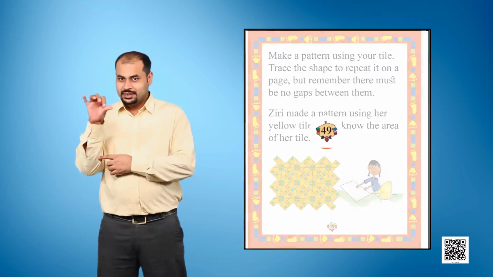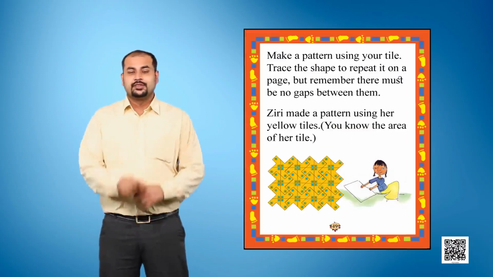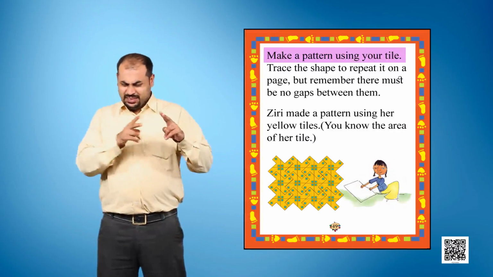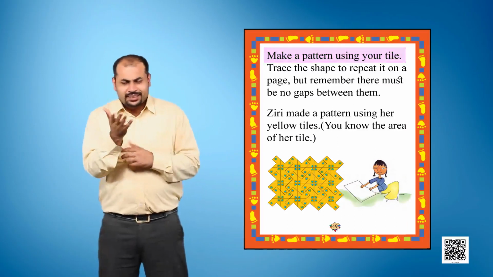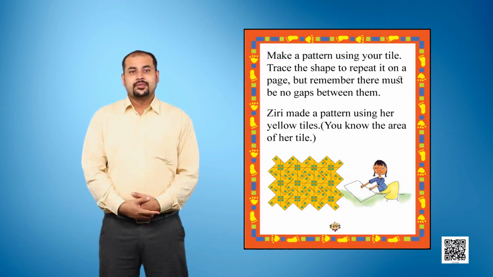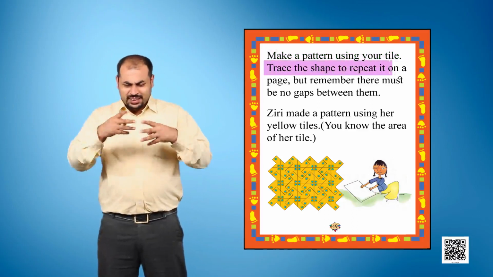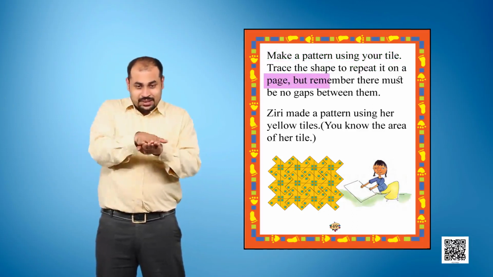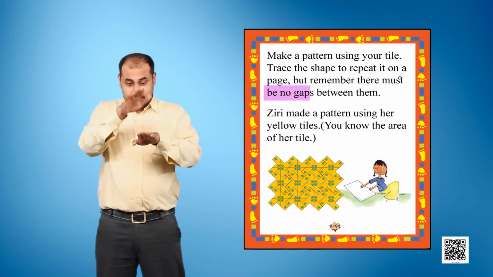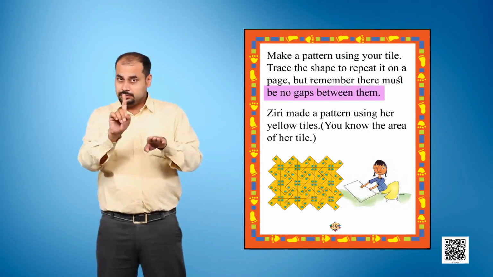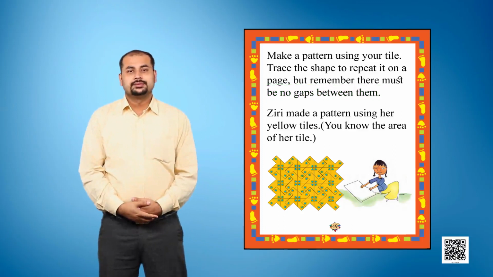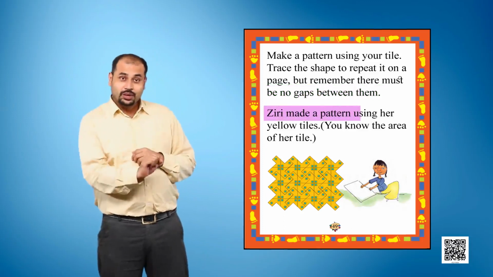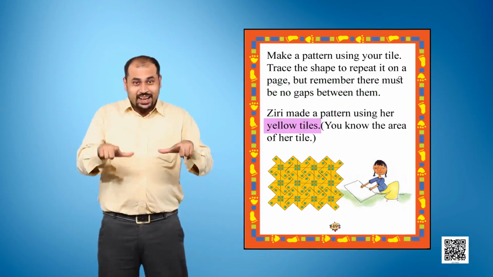Page 49. Make a pattern using your tile. Trace the shape to repeat it on a page, but remember, there must be no gaps between them. Ch-3 made a pattern using her yellow tiles.